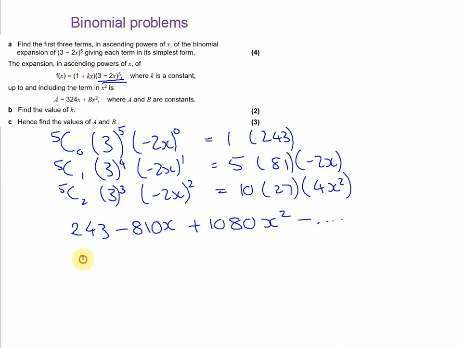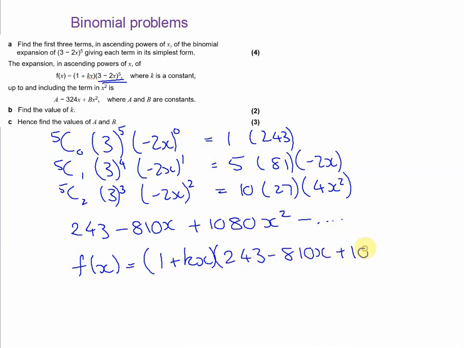So let's write down what we have here. So we have 1 plus kx being multiplied, but instead of writing that, I'm going to write my answer here. And we're interested in this bit up to and including the x squared term. So let's think about that. I'm going to try and color code this. So that is going to give me 243.